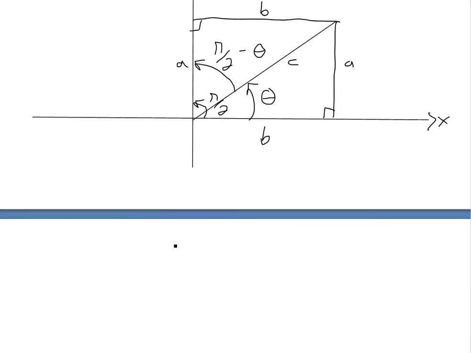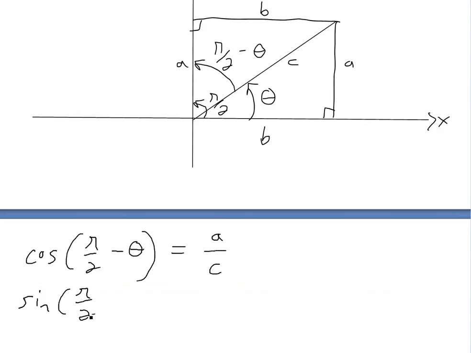Cosine of pi over 2 minus theta is going to be adjacent over hypotenuse, in this case A over C. And then sine of pi over 2 minus theta is going to be the opposite, in this case B. Hypotenuse is the same for both, so it's C.